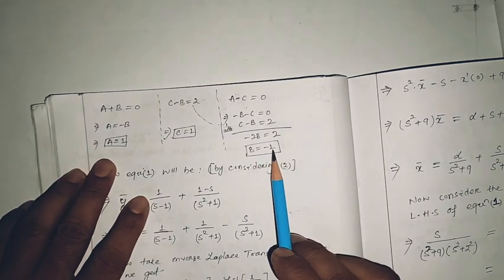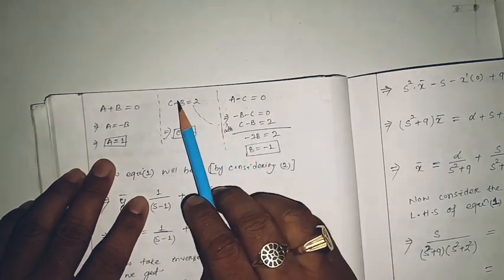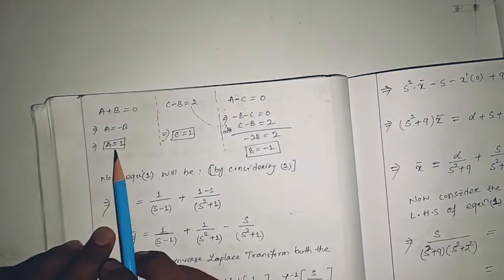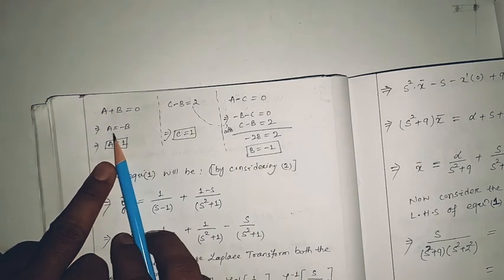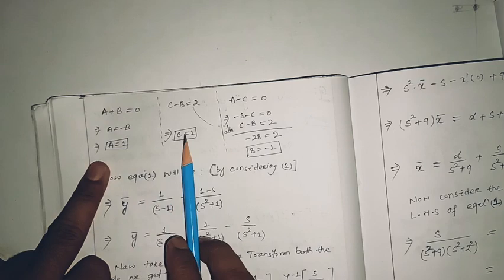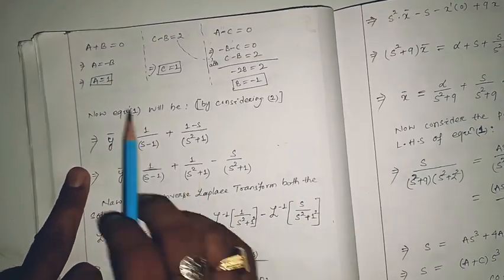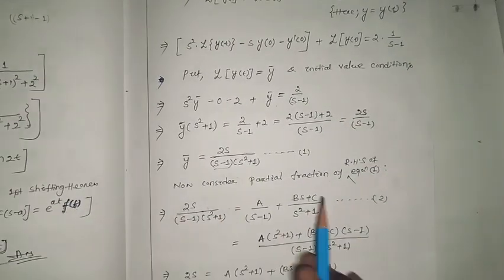So if I put minus 1 over here, then C will be equal to, minus over here means it will be plus 1, C plus 1 equal to 2, C will be equal to 1. So if B equals minus 1, obviously A will be 1. So A is 1, C is 1, B is minus 1, we found. Now we are going to put these values in equation number 2.